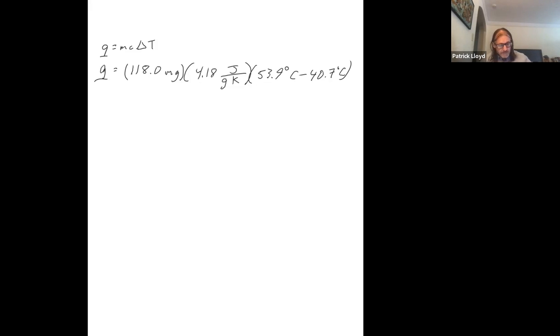So I'm going to take 118.0 milligrams. And again, milli is 10 to the minus 3. So it's just 10 to the minus 3 grams, 118 times 10 to the minus 3. So now, what about this here? Again, I'm not going to go through this in great detail.